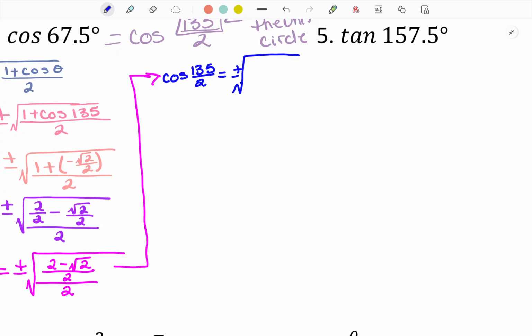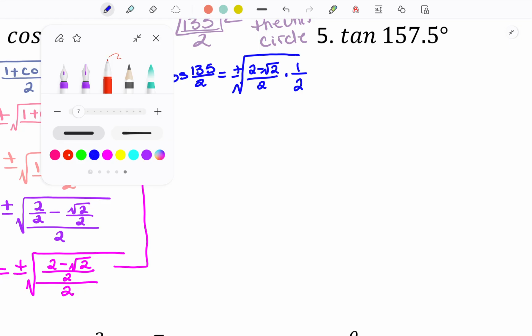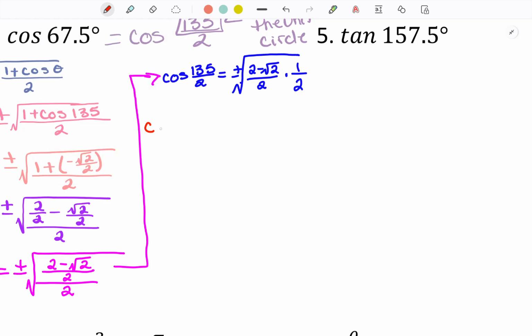So this is going to be 2 minus the square root of 2 over 2, and then times 1 over 2. So we have the cosine of 135 over 2 equals plus or minus, and so this is going to give us 2 minus the square root of 2 over 4.